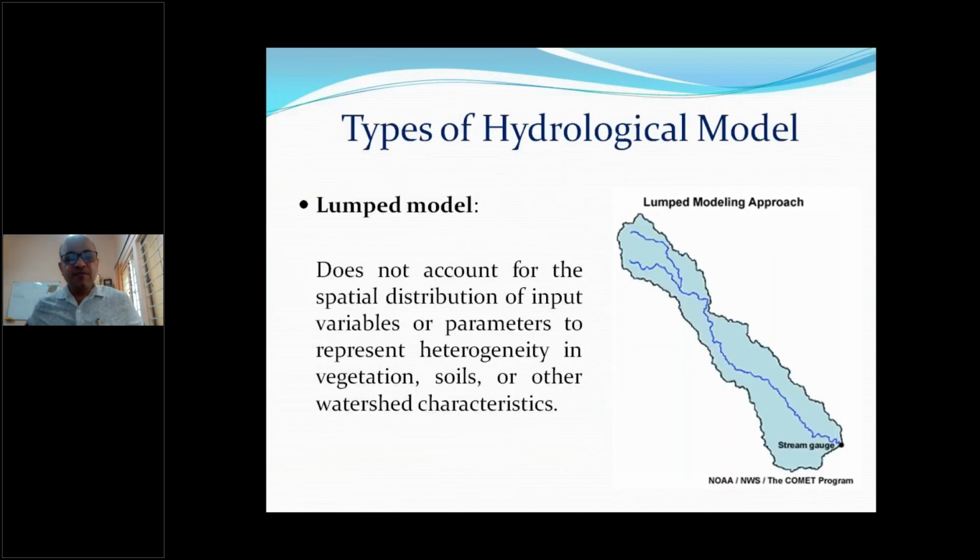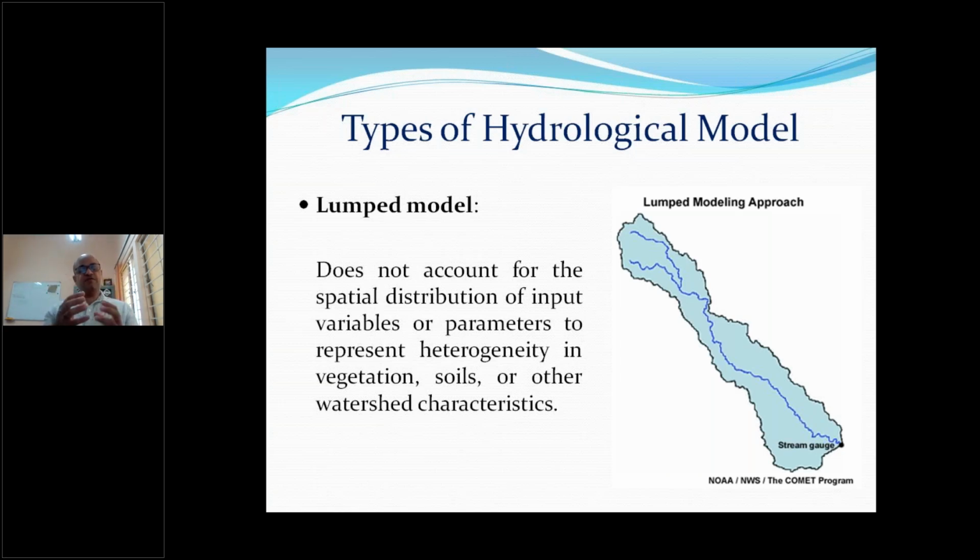Now we'll briefly see types of hydrological models. We generally discuss lumped models, distributed models, conceptual models, then physically based models. You have to understand what these terminologies are. A lumped model is basically a black box model, where it takes into account what is happening, but it doesn't take into account where it is happening.